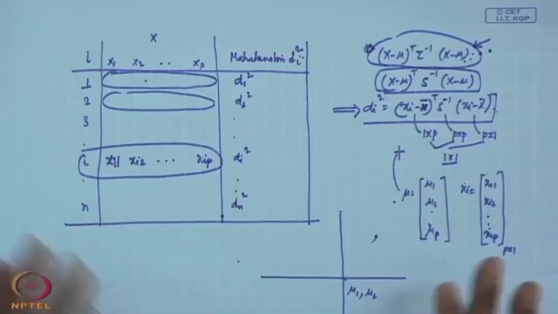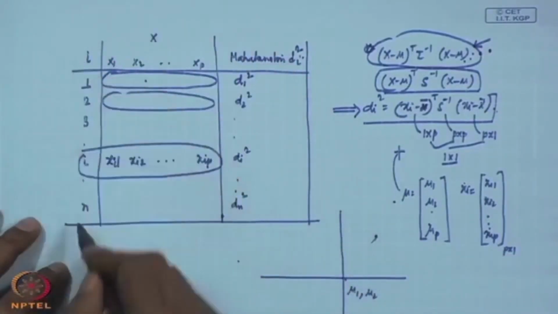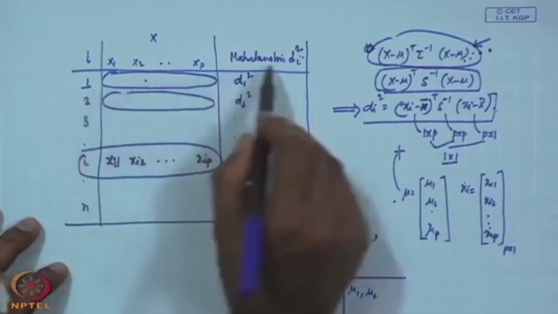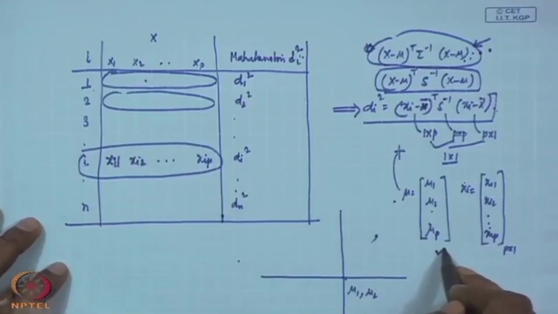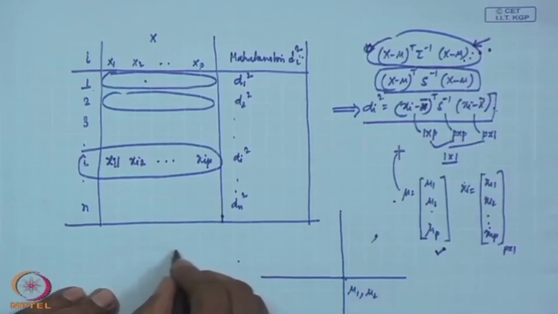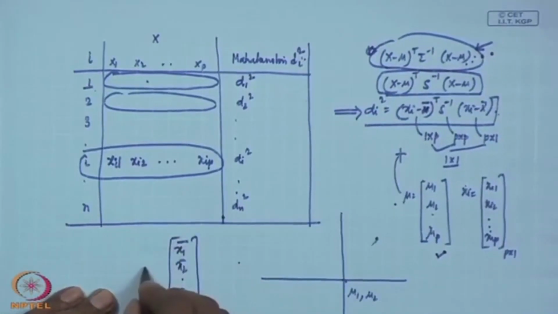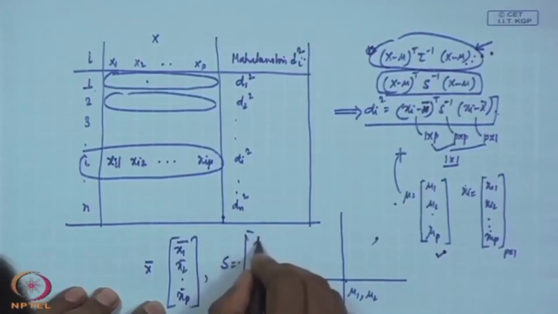Correct. So, what are the steps then? You have collected data. There are n multivariate observations. We want to compute the distance of each observation from the mean vector. Here we will be concentrating on the sample mean, that is x̄_1, x̄_2, like x̄_p. So, you require to calculate this mean vector, you also require to calculate the covariance matrix.